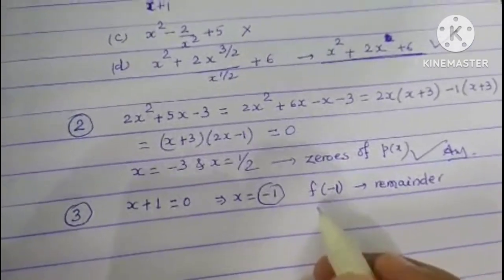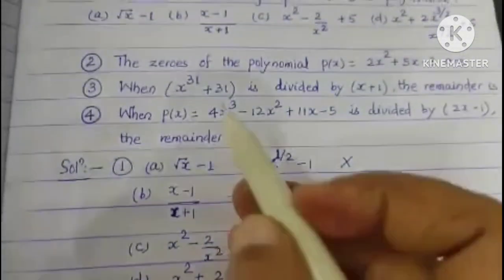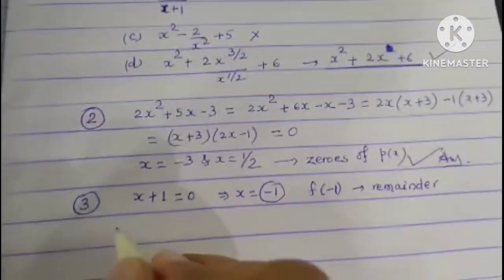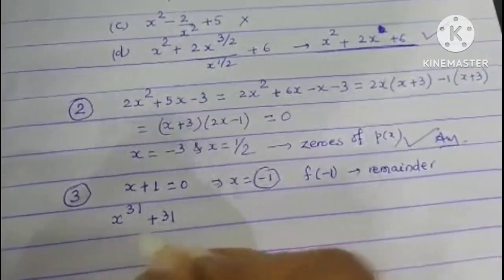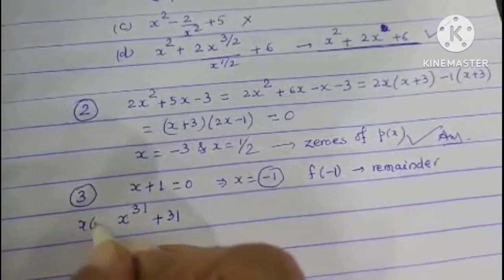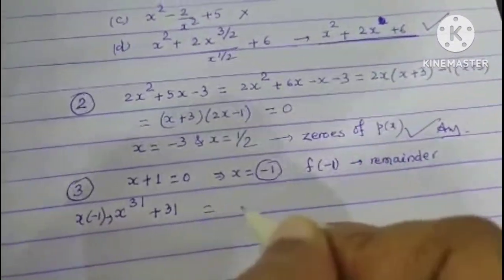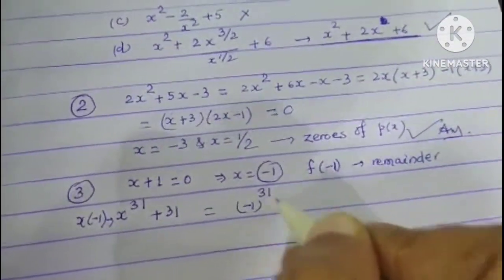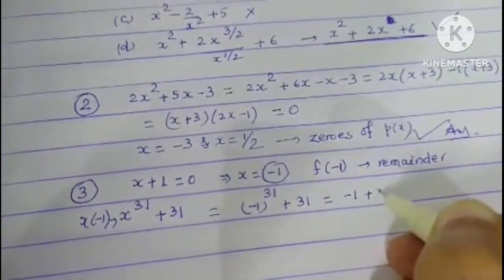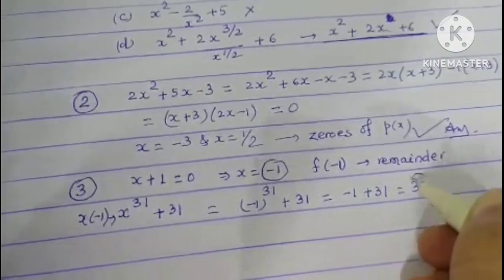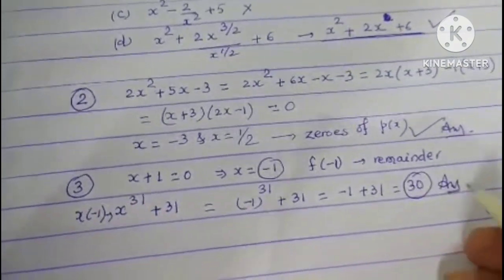Now we have to put x equal to minus 1 in this expression, x to the power 31 plus 31. That will be equal to minus 1 to the power 31 plus 31. So this will give minus 1 plus 31, that is equal to 30. So basically the remainder is 30.